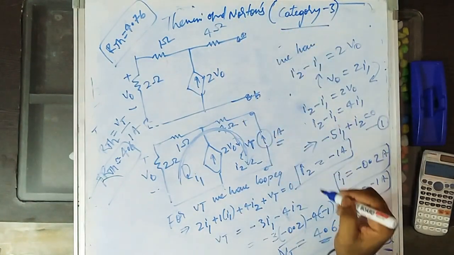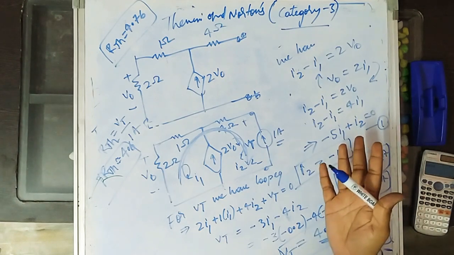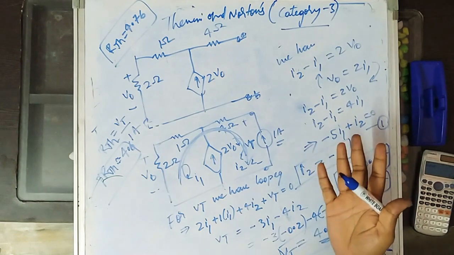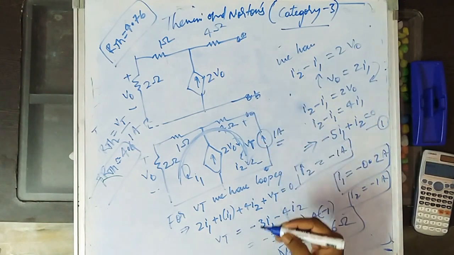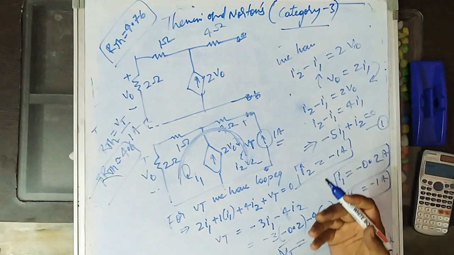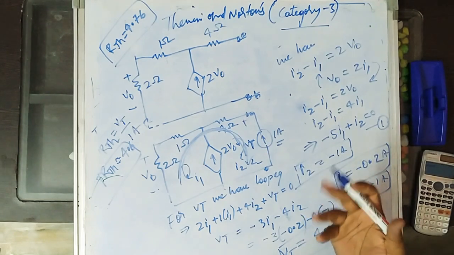Introducing 1 volt as a test voltage, you get the equivalent resistance, and if you apply 1 amp current also, you get the same. So introducing 1 volt, 10 volts, or 1 amp is your wish. By either method you can find it.